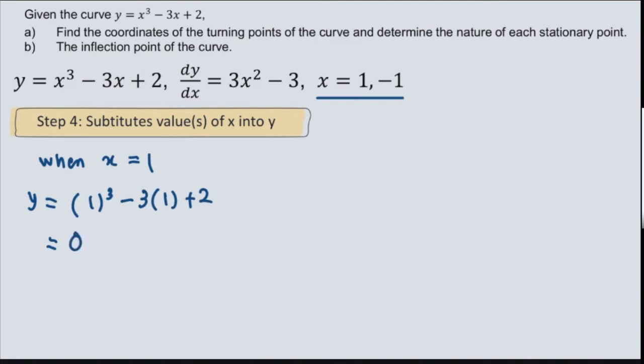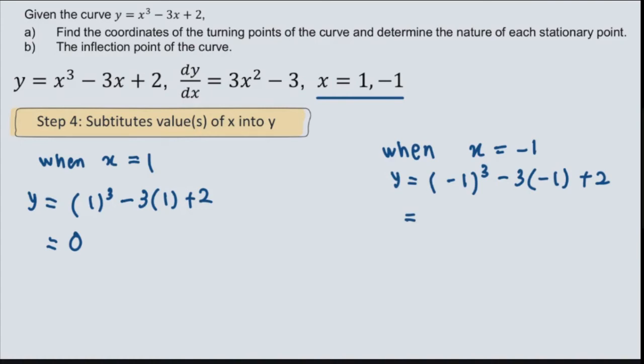Okay, thank you. Okay, for the next one, when x is equal to negative 1, y is equal to negative 1 minus 3 plus 2. So, we got negative 2 or 4? I vote for 4.